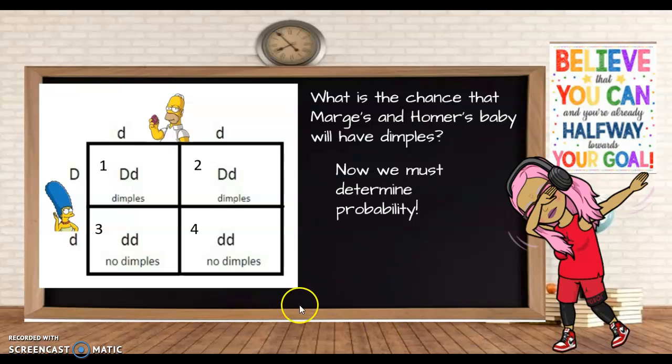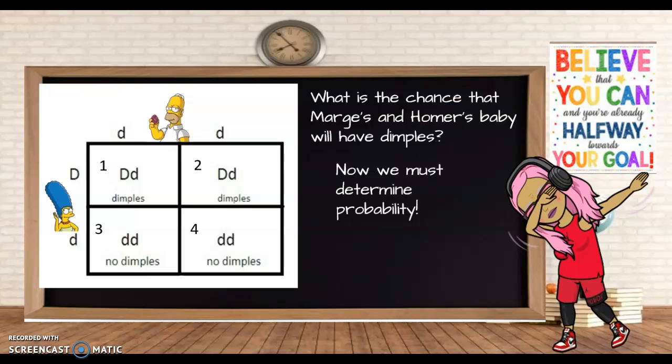So as we can see here, with filling out the table, we have dimples in 2 boxes, and then down here we have no dimples and no dimples. I'm sorry, scratch that.